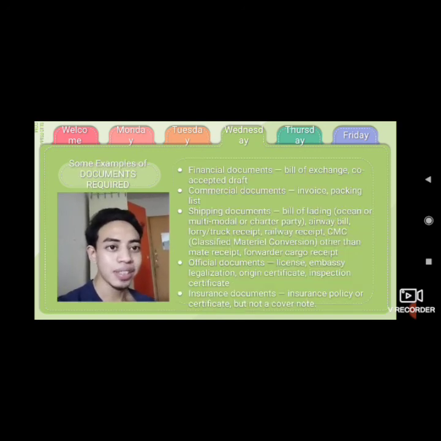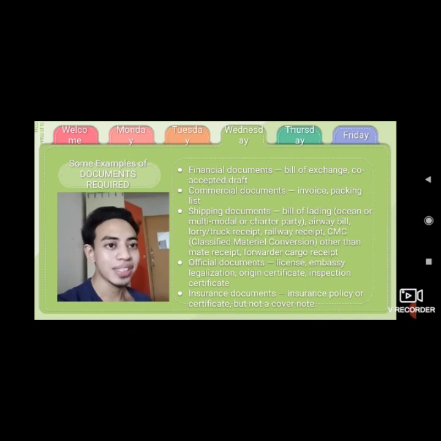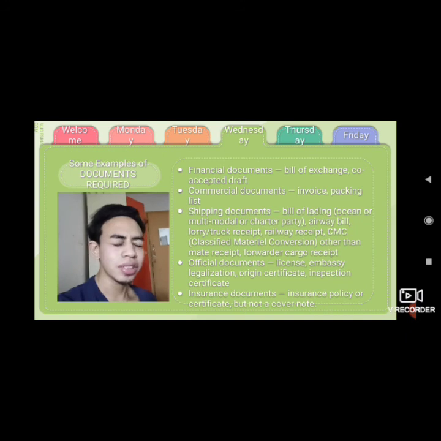The next slide is regarding some examples of documents required. Example number 1 is the financial document. The document required is a bill of exchange or co-accepted draft. Second, commercial documents, usually replied by using an invoice or packing list.